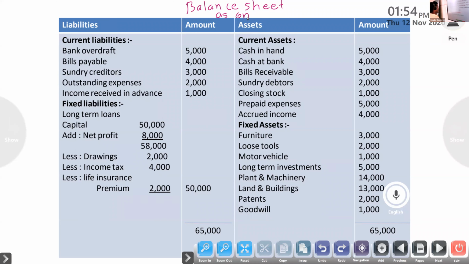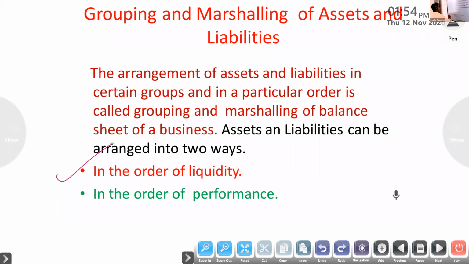So it can be in the order of liquidity and in the order of permanence. Two groupings will be there. Assets are arranged in two ways, in the order of liquidity and in the order of permanence, not performance.